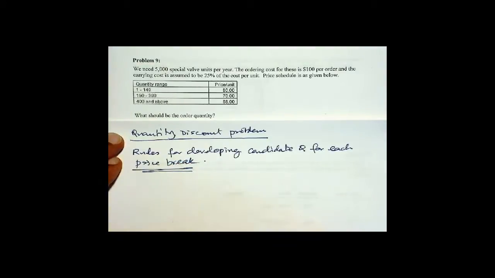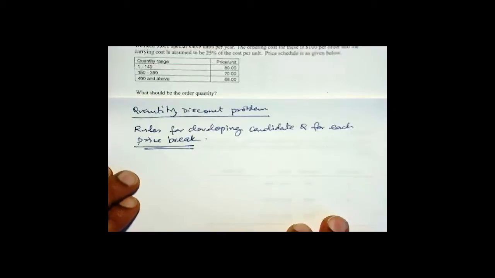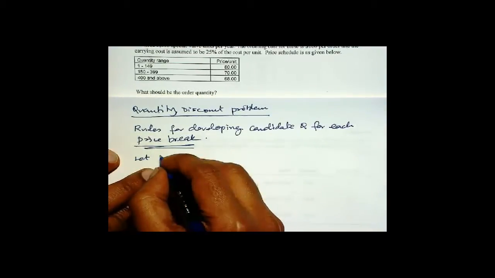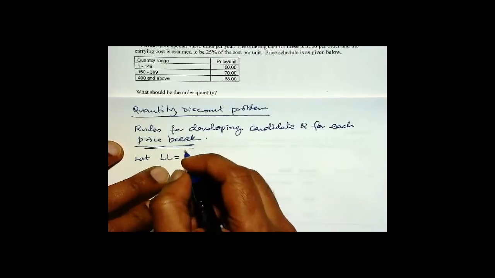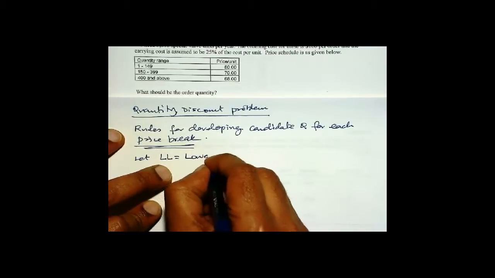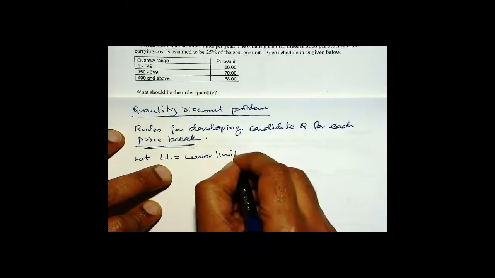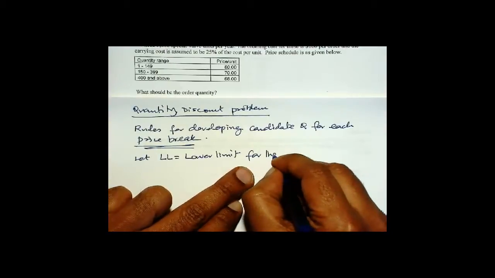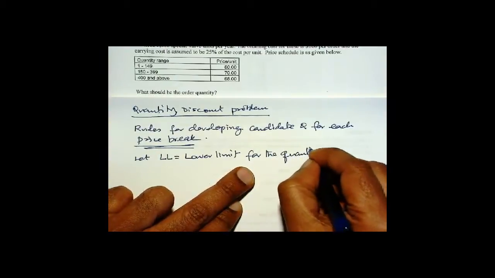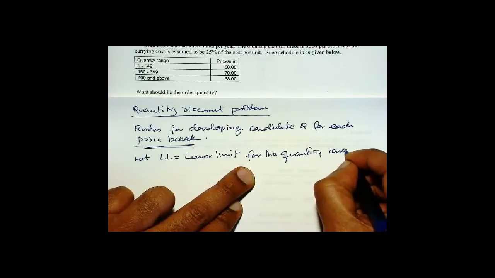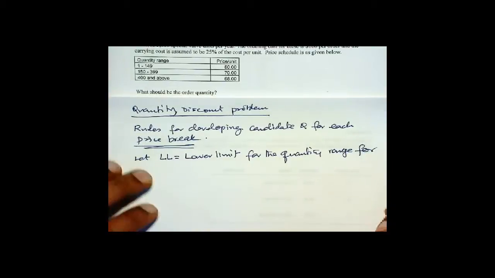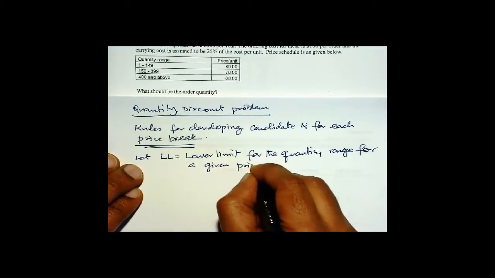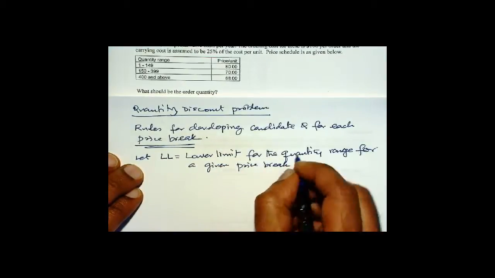Okay. Now we're going to use some notations. Let LL equal the lower limit for the quantity range for a given price break, like the lower limit for each price break.